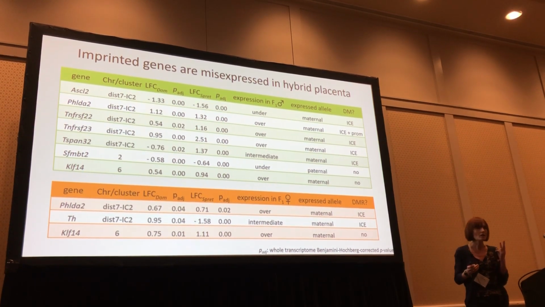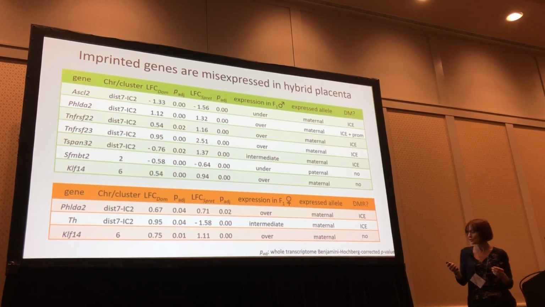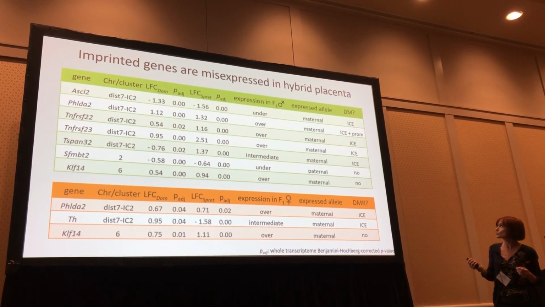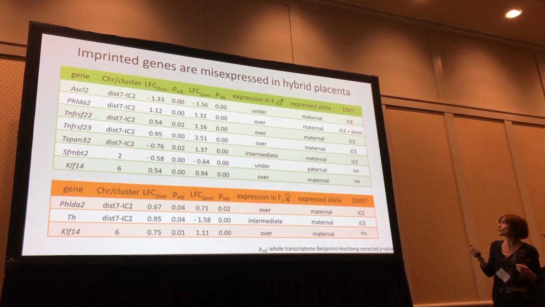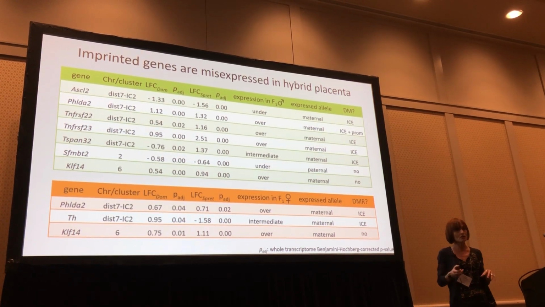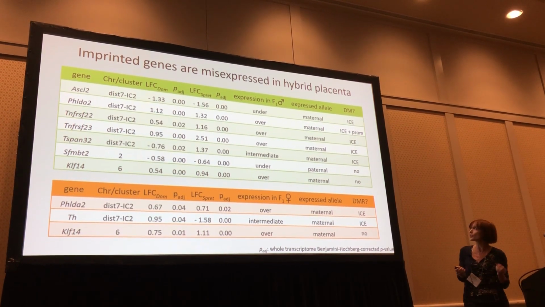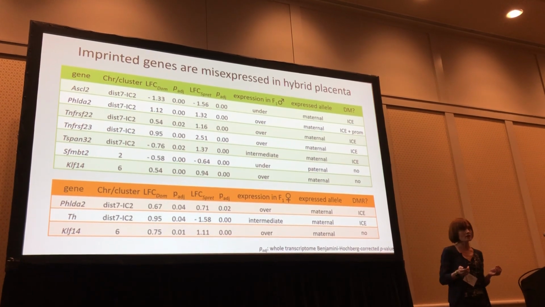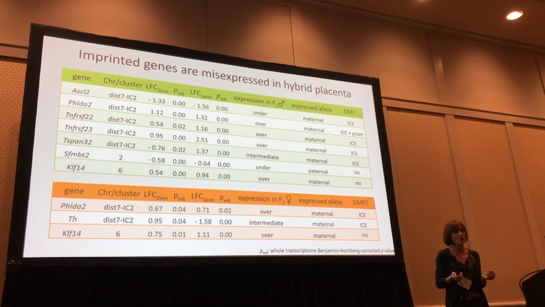Third, we find differential methylation in association with this. Imprint control elements are regions that control the expression of the genes in the cluster, and this is differentially methylated. And we find differential methylation in the promoters in males.